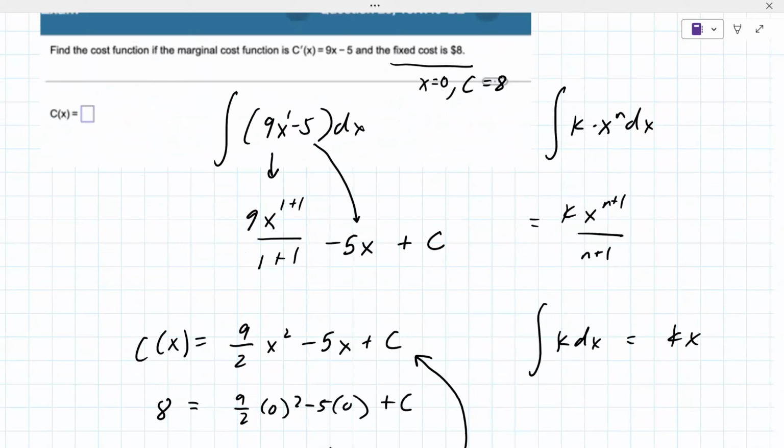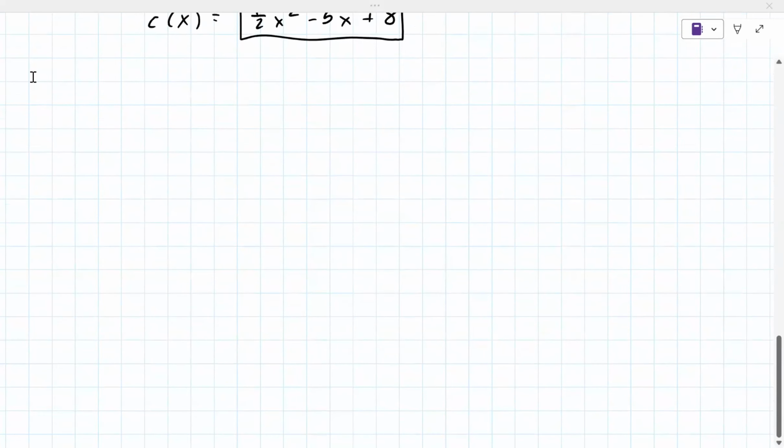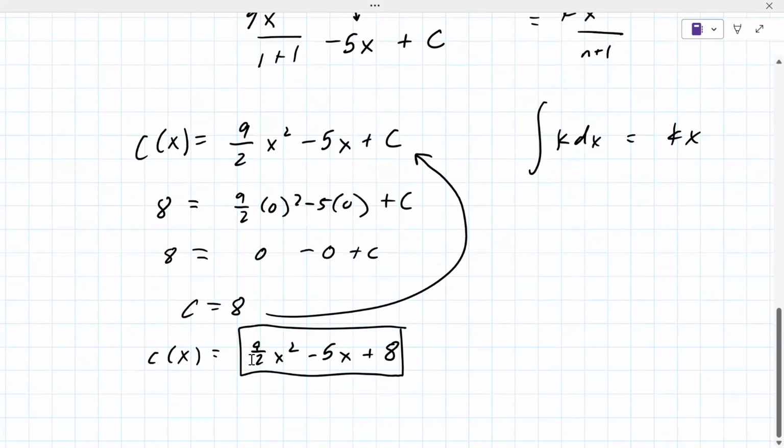All right. You sent 24. There was some sort of an issue with 24 the previous time I helped someone with this, so I would like to skip past that. Sorry, could you scroll up? What was the answer for 9 over 2 x squared minus 5x plus 8?